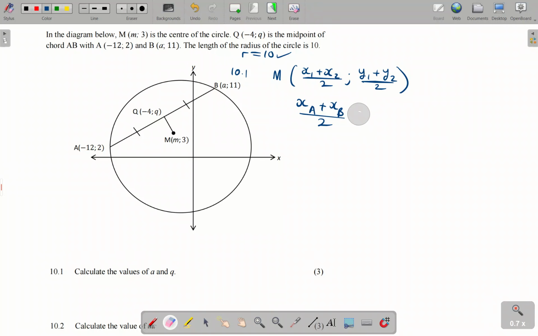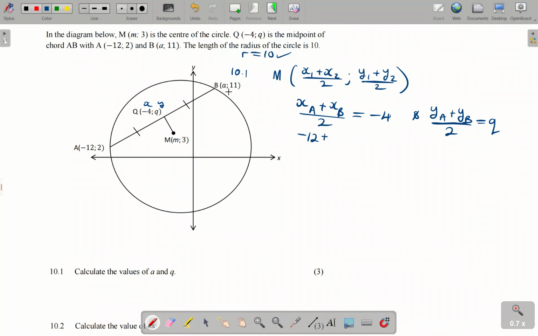Let me just equate this to 0. So this is equal to the X of the midpoint, which is negative 4. And then you also have this part, the Y of A plus the Y of B all over 2, which is equal to Q. What is XA? XA is negative 12.